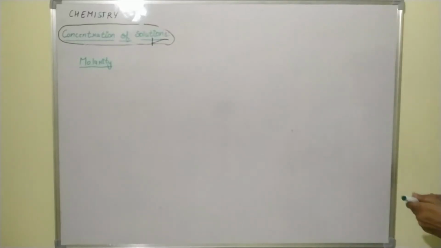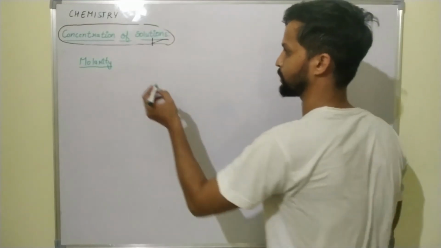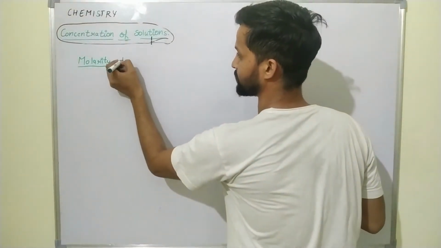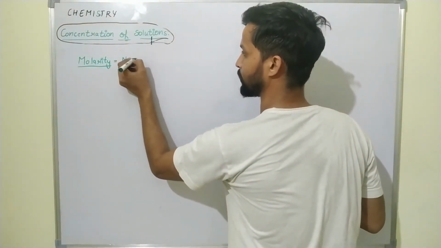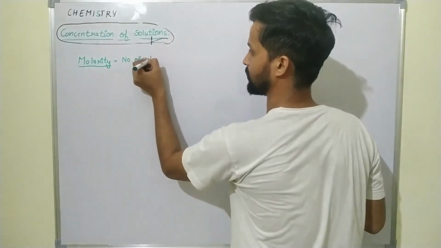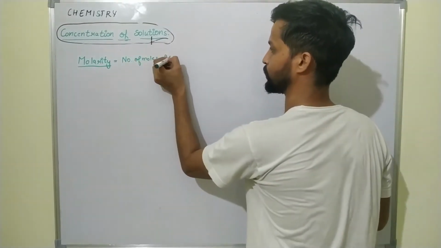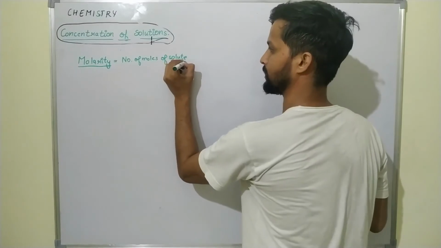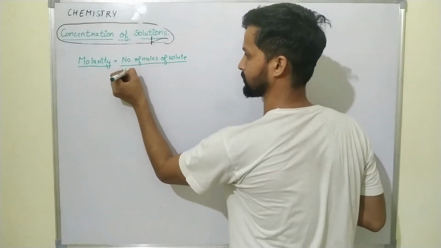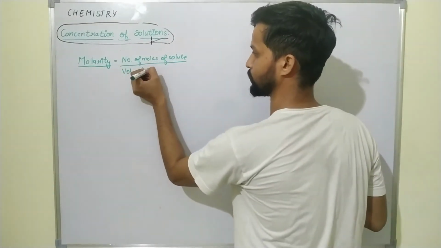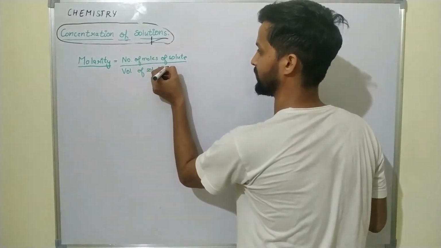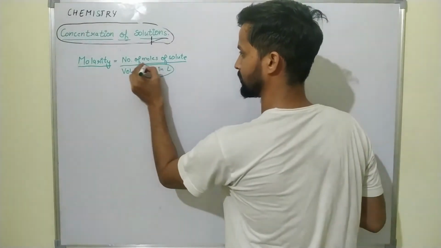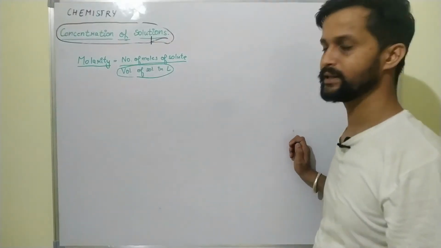So students, here I will discuss the property of molarity, that the formula is number of moles of solute divided by volume of solution in liter. So here molarity depends upon the volume of the solution.